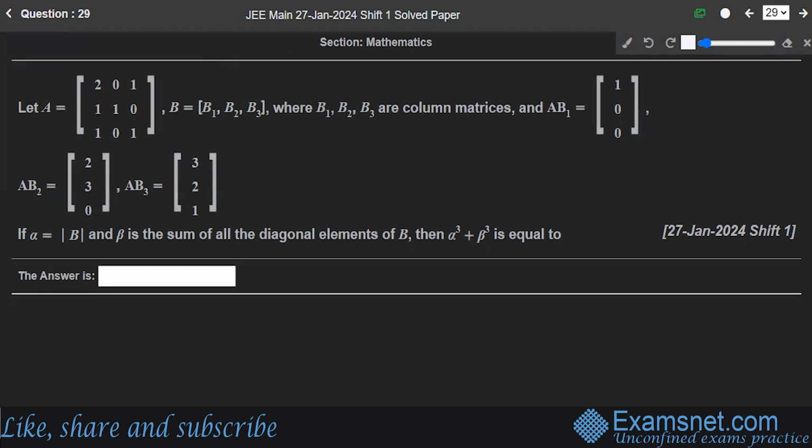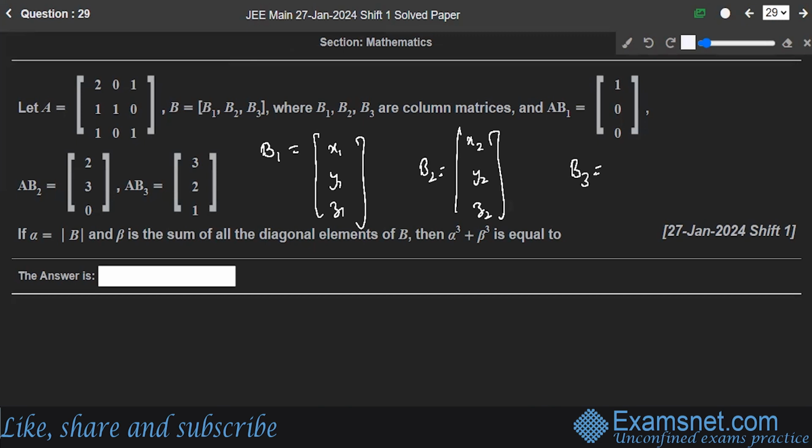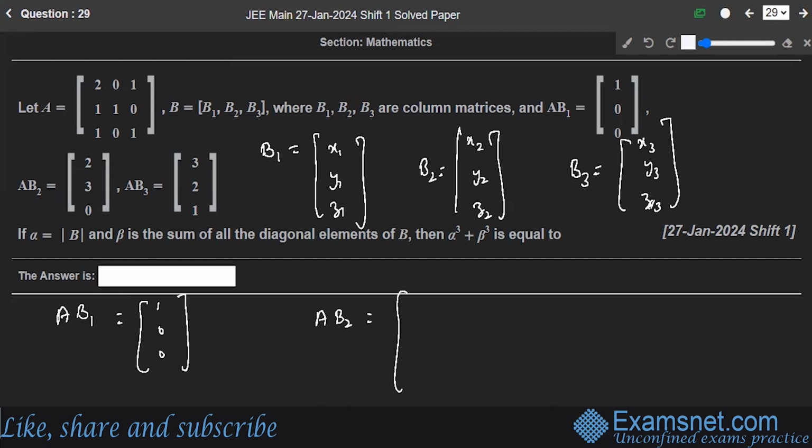Okay, so you have this A, let's say B1 matrix is a column matrix. So it's this x1, y1, z1, x2, y2, z2. This is B matrix, and B3, x3, y3, z3. Okay, so now you have A B1 is equal to 1, 0, 0. You have A B2, 2, 3, 0.